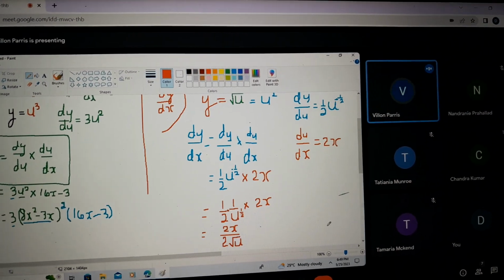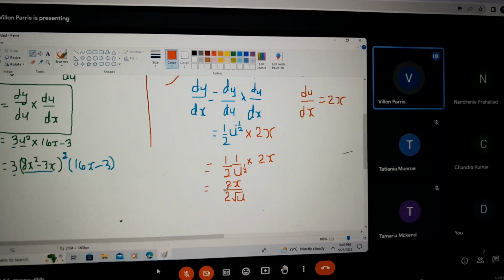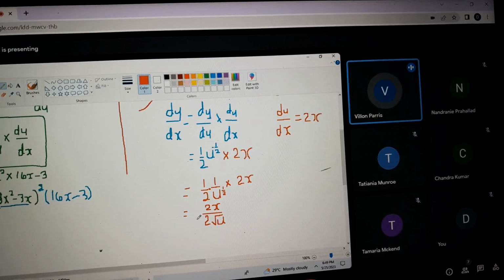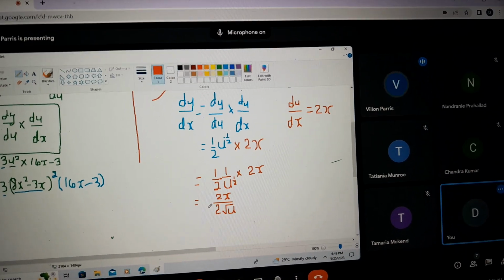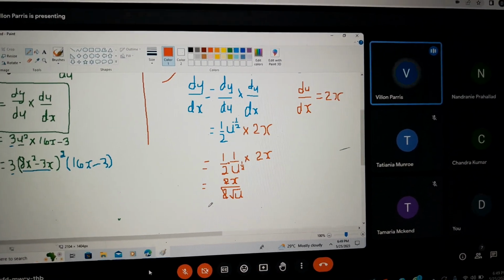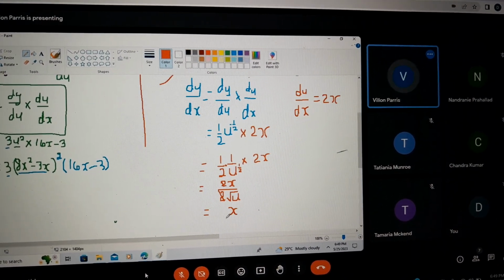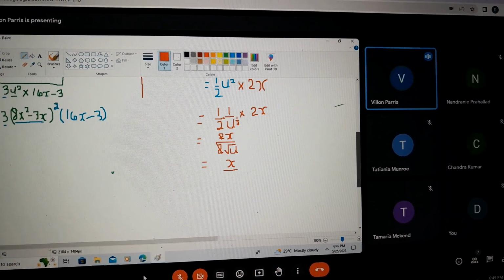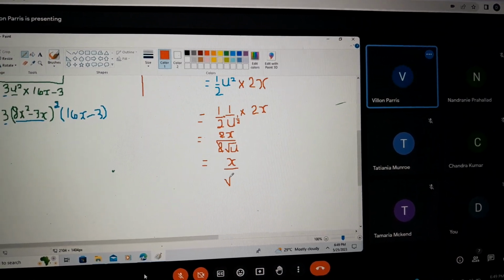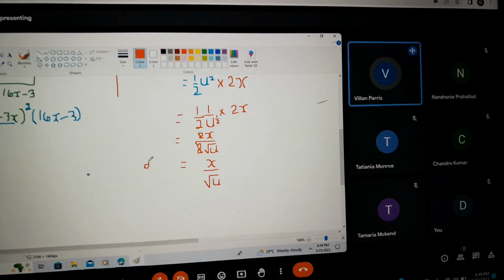True or false? True, sir. Great. Can you see any cancellation going on there? Yes, sir. The 2. Great. So I can cancel out these 2's. So I'm left with x over the root of u. And that's my dy dx.